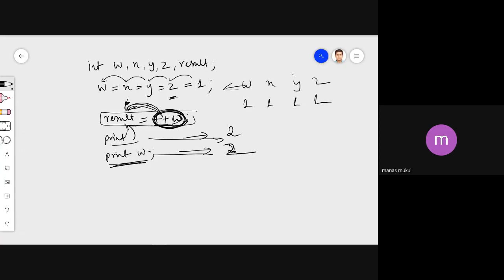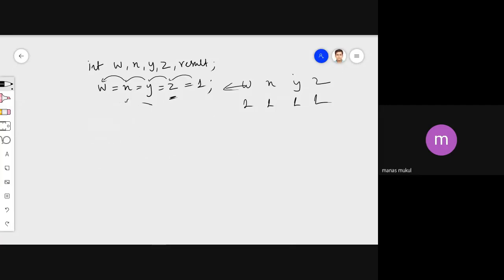Did you understand? Okay, now suppose the same example, if I write something like result is equal to W plus plus and then I print result here, what will be the value? 1.